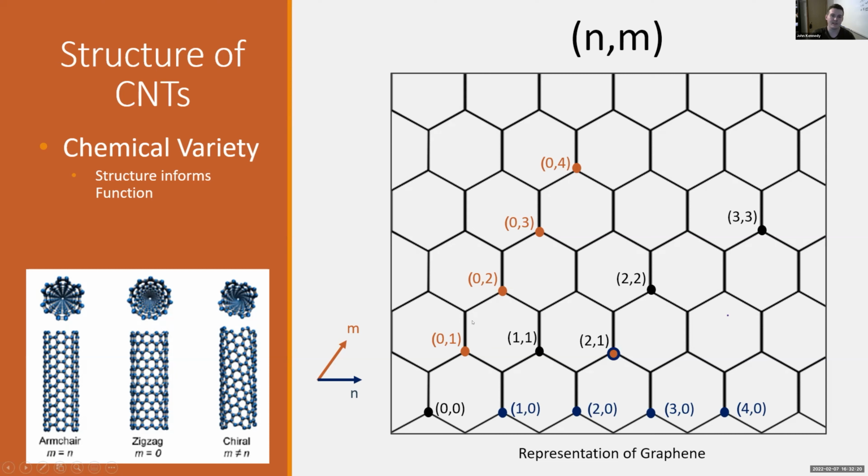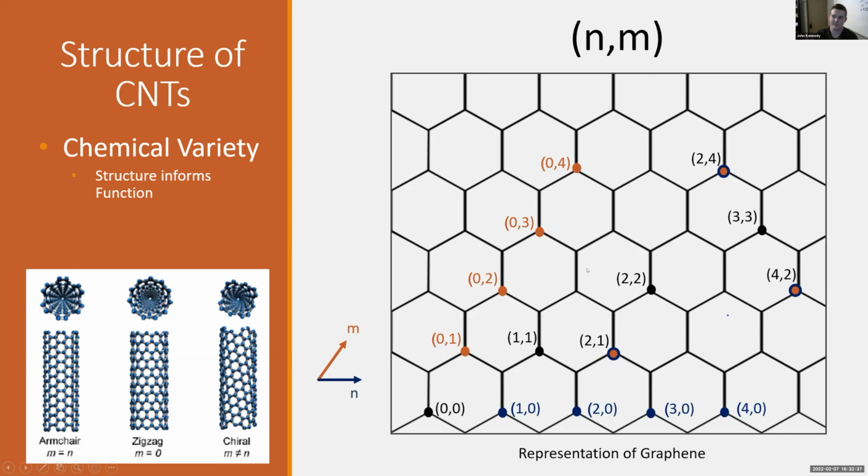moving to points that are not along either the black or blue line result in a chiral nanotube. And the big asterisk when we talk about chiral nanotubes is there's two directions that the nanotube can turn, which is why it's called chiral.